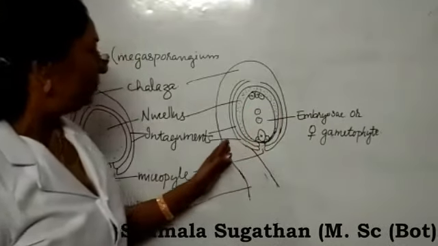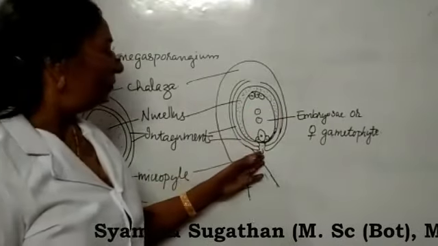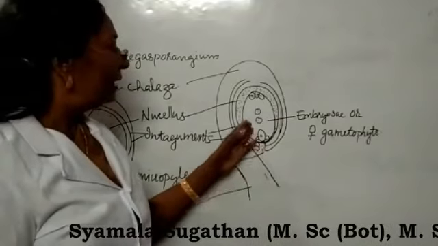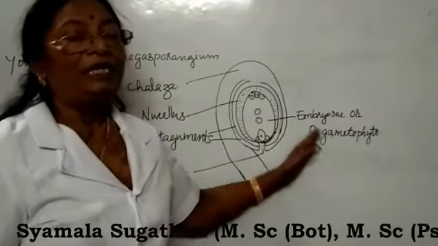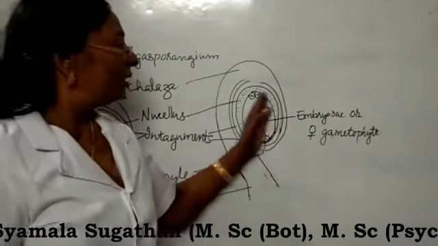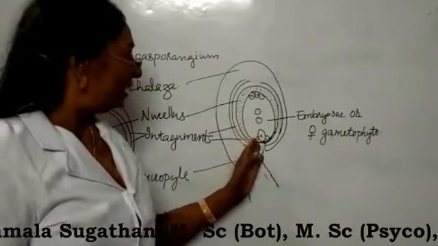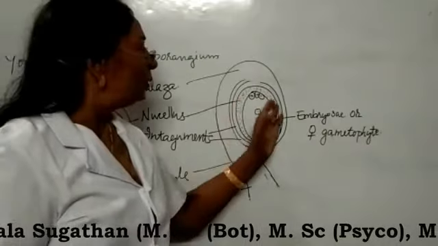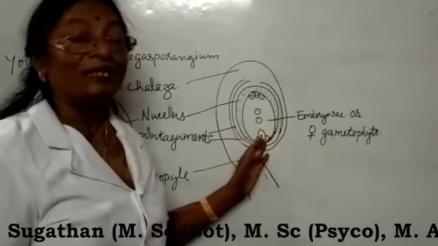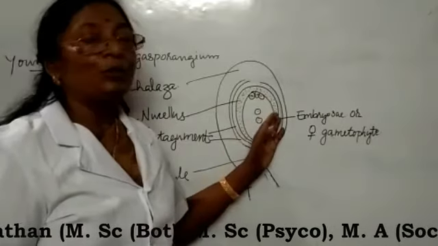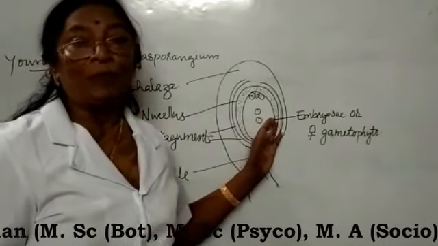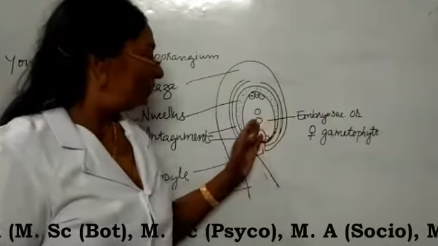Here we can see within the mature ovule, embryo sac or female gametophyte is enclosed by the integuments. And we can see a portion of this nucellus remains as such in certain seeds. And that remnant of nucellus is known by the name perisperm.